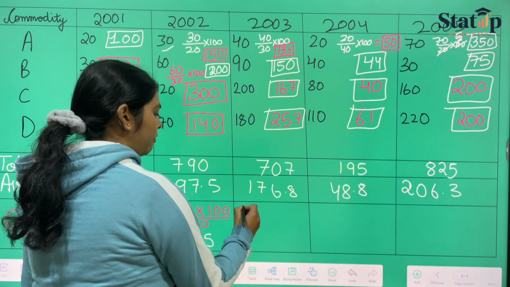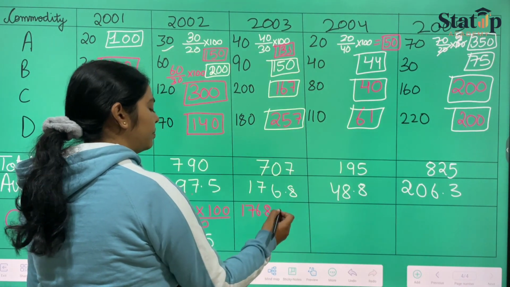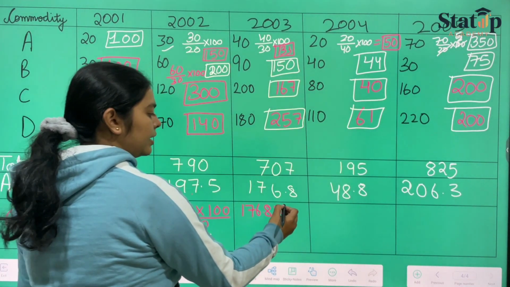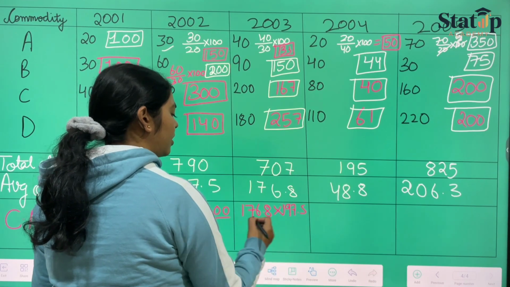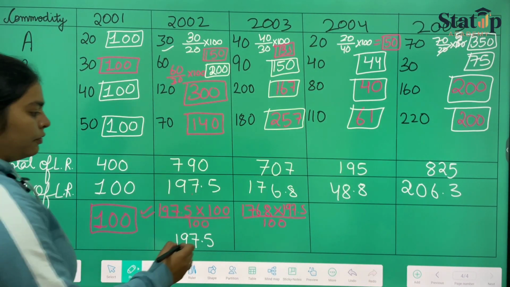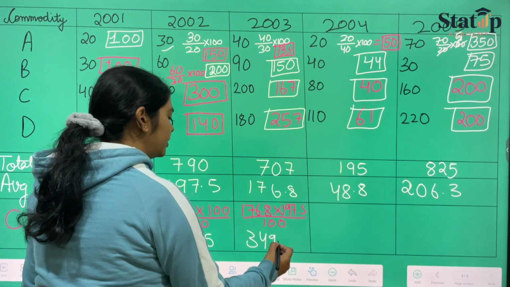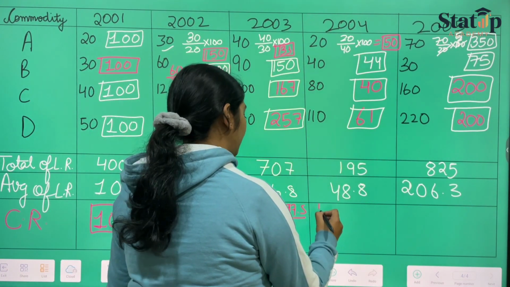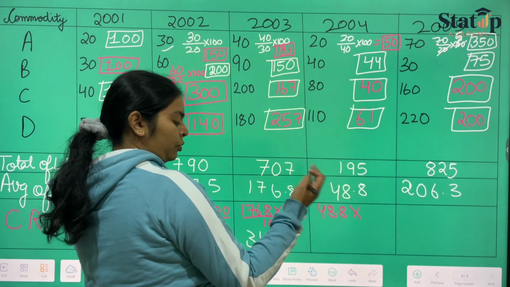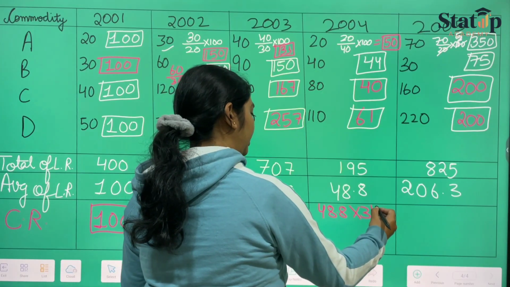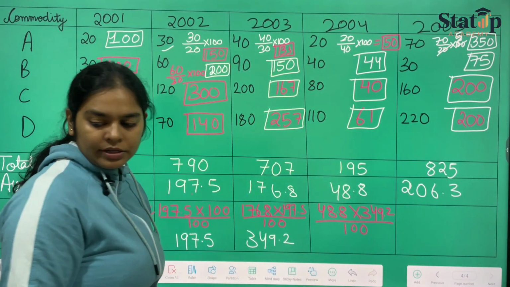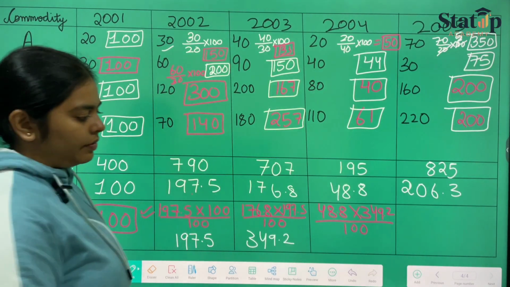Now again, 176.8 current year's link relative into previous year's chain relative, 197.5 upon 100. So we'll get our answer as 349.2. Again, current year's link relative into previous year's chain relative, 349.2 upon 100, and this will be equal to 170.4.